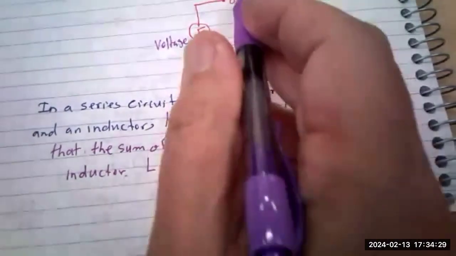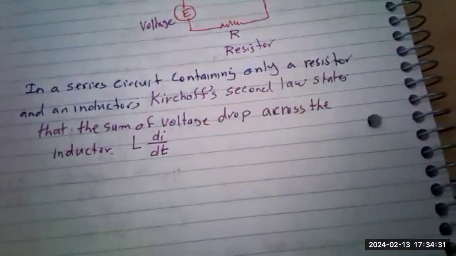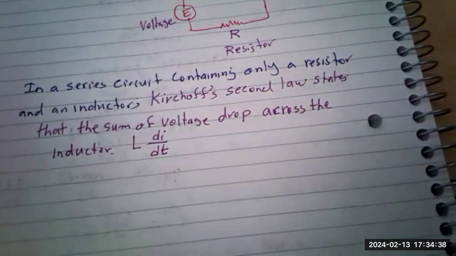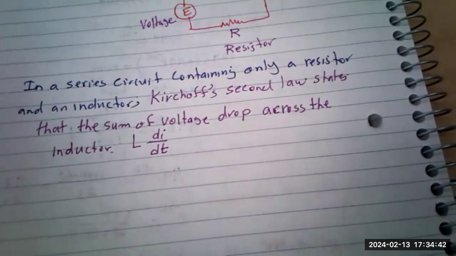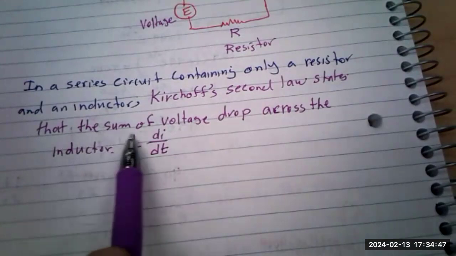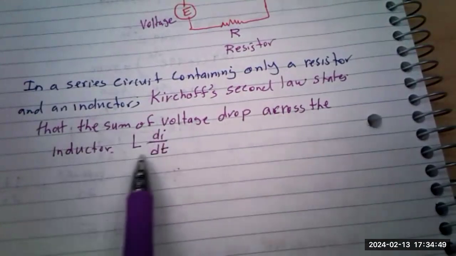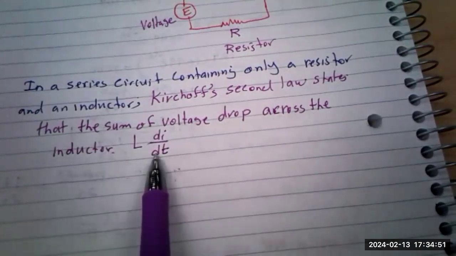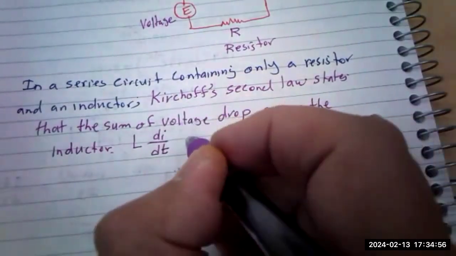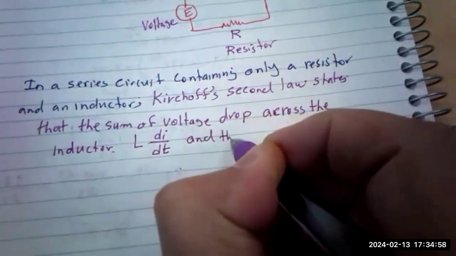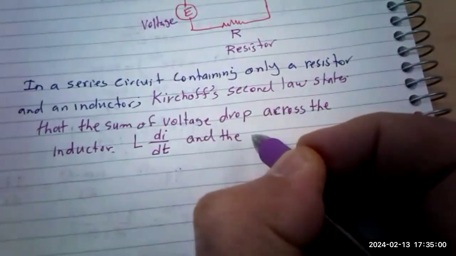L is going to be the constant that we use for the inductor. That would be given to you as a constant. Measurement is 100. Then di dt is going to be the rate of change of the current that we're going to have across the inductor.